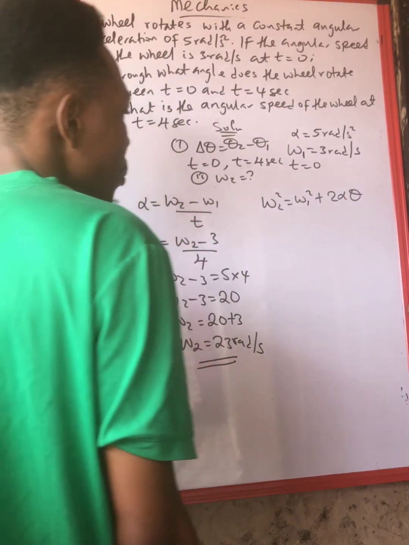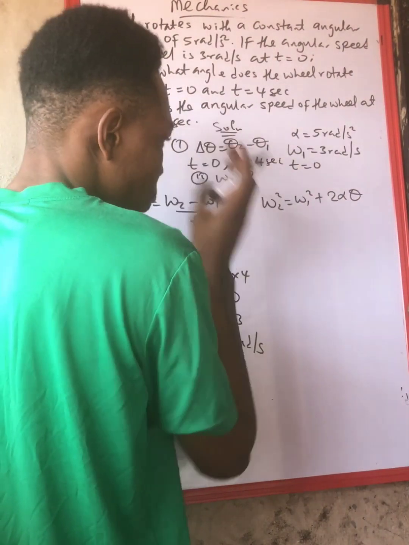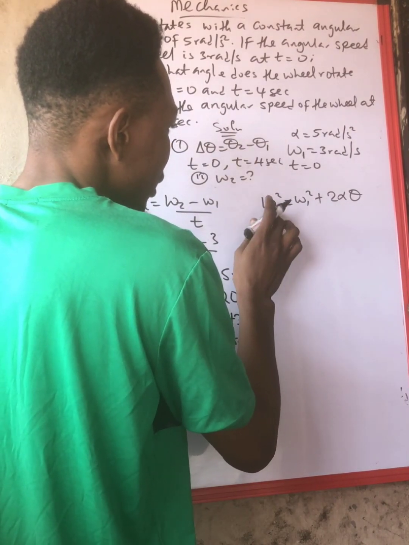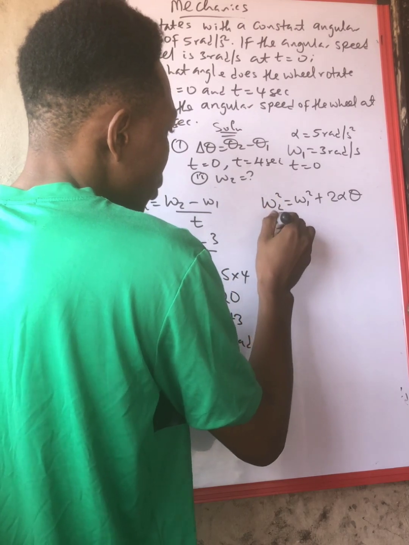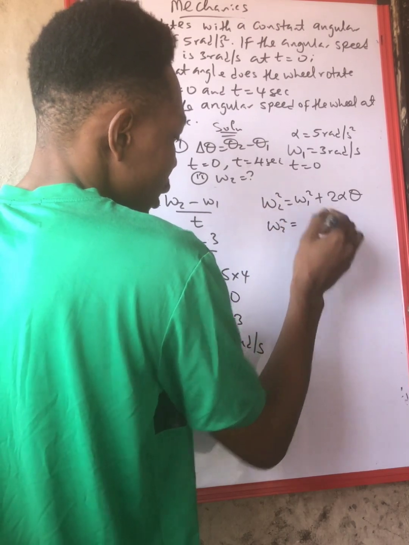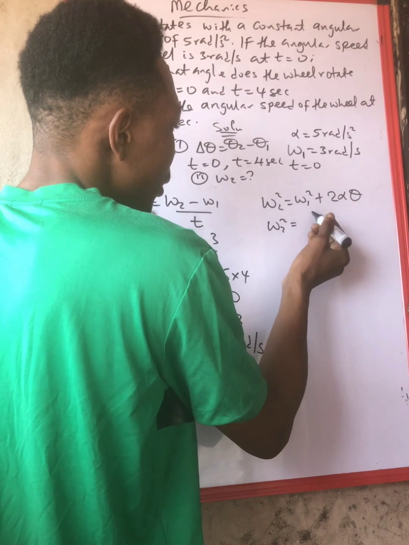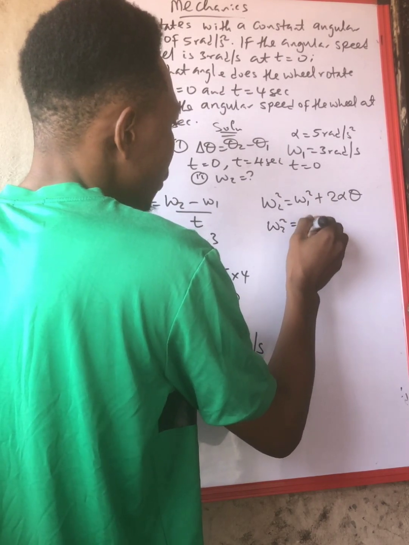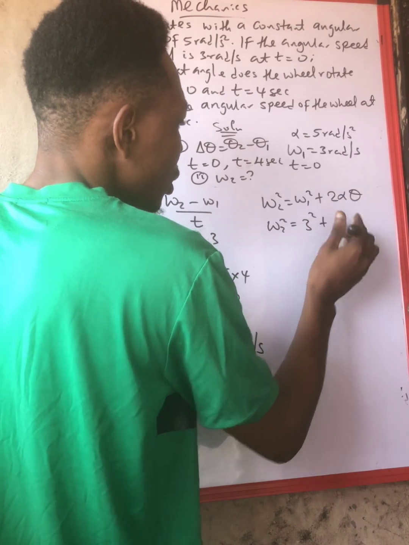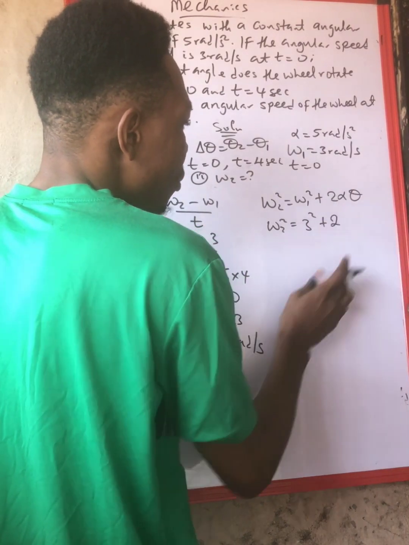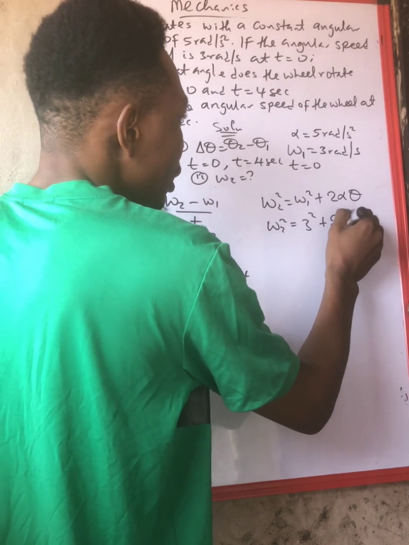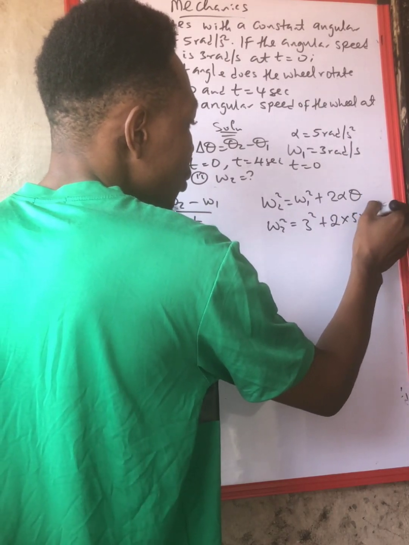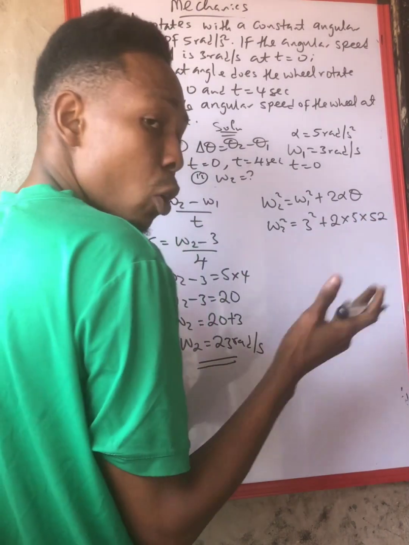So from there, our W2 squared equals W1 squared, which is 3 squared, plus 2, then alpha, which is 5, times theta, which is 52. That was what we got before.